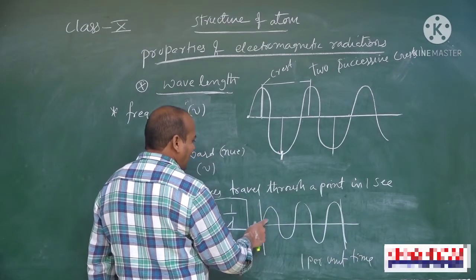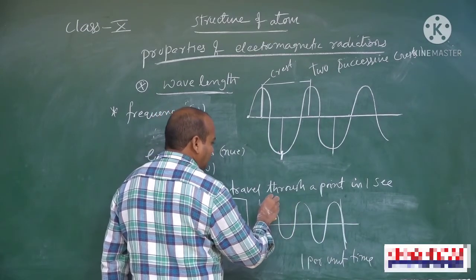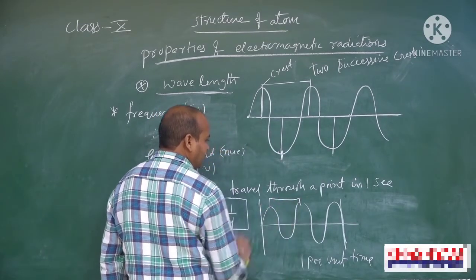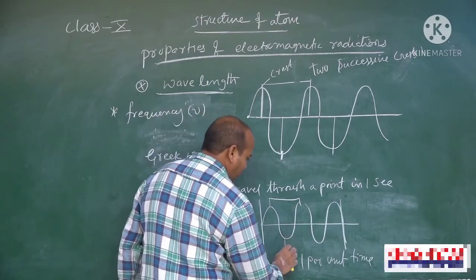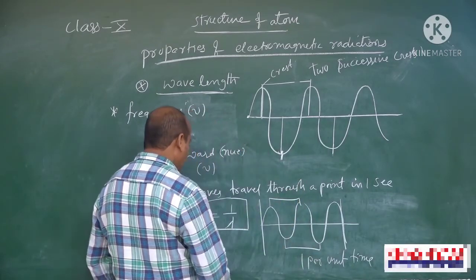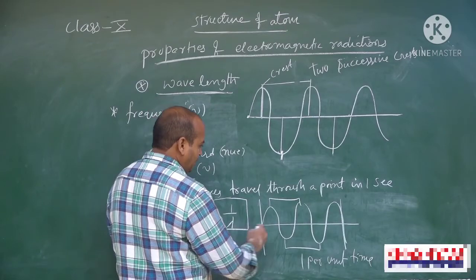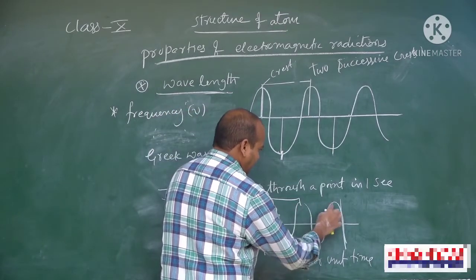As the distance between two crests or two troughs increases, the nu value decreases. The number of waves is less here.